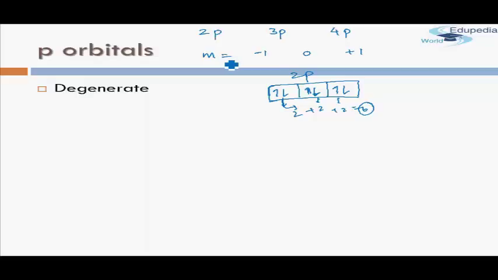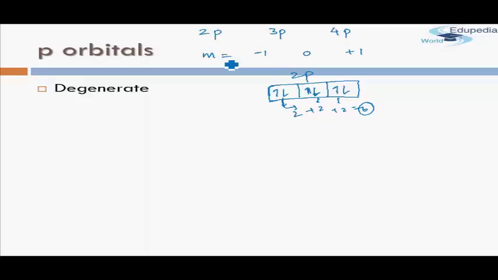So how do we know the difference between them? We'll see later on that from an energy point of view, they seem to have the same value, so we cannot actually differentiate between them, but in the presence of electric and magnetic fields, we can see the difference between these three orbitals of 2p.